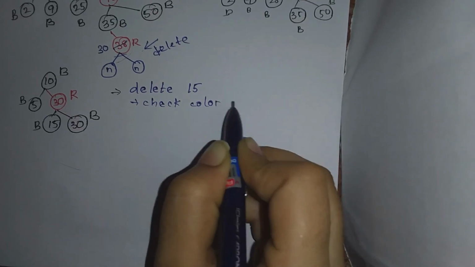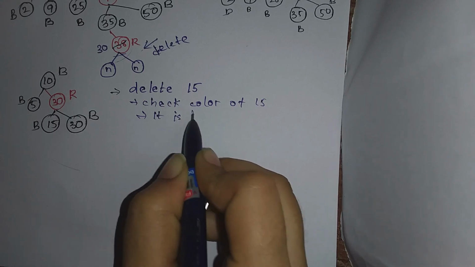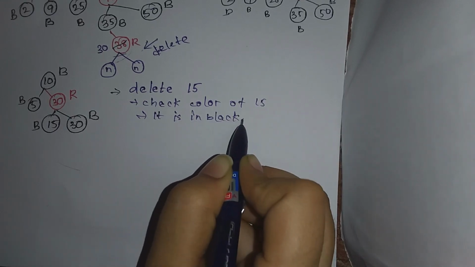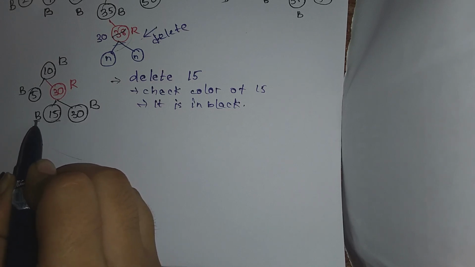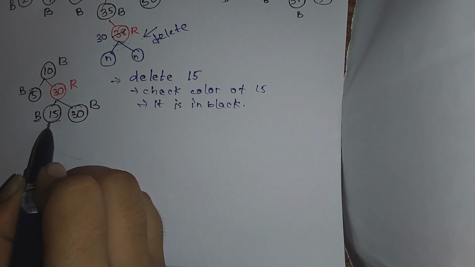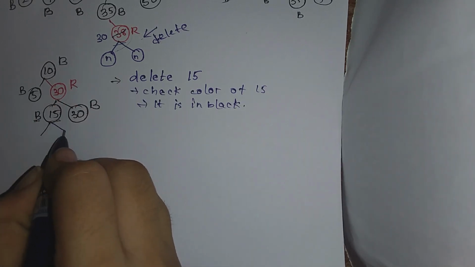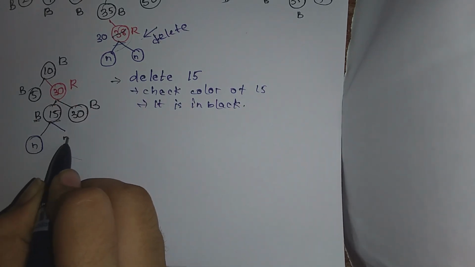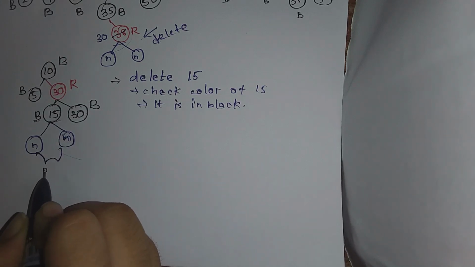Sorry, the color of the node 15 is black. If it is black, we need to consider the siblings. It is a leaf node, that means it has no children. It has nil children, and all these nil children are black in color.